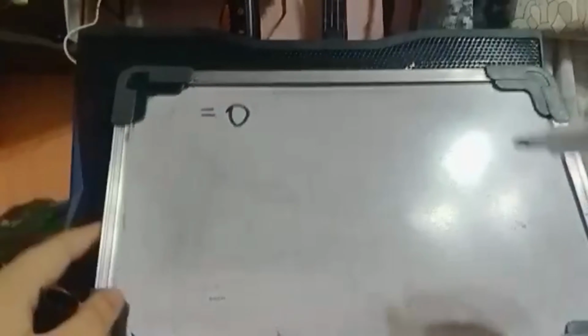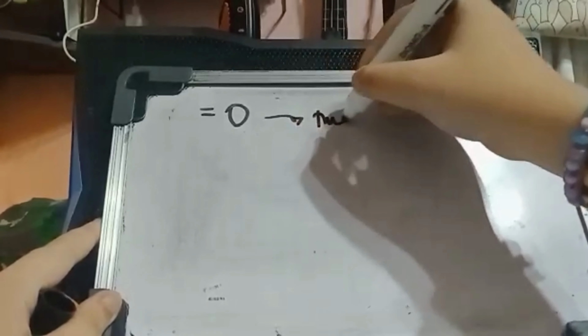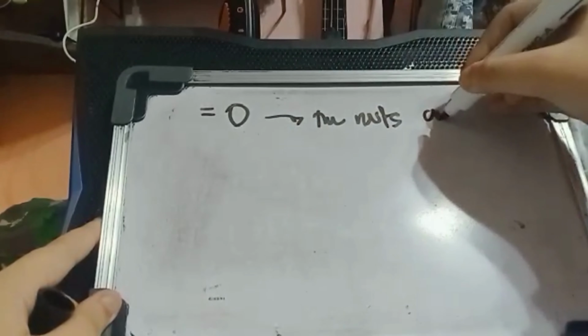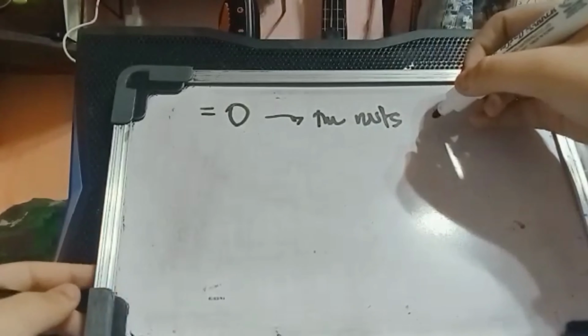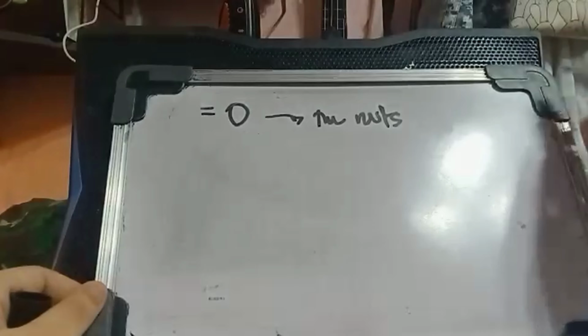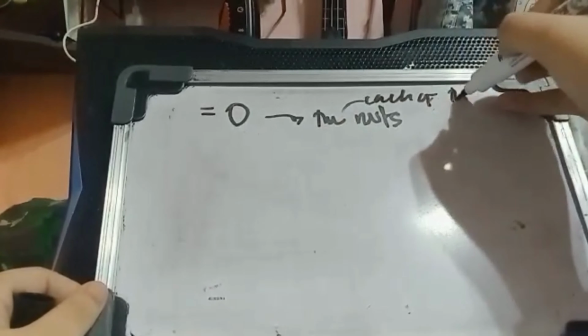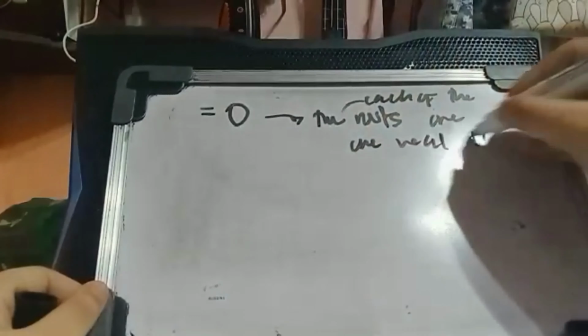Magiging 0 siya. So, paano natin i-describe yung root? The roots, or each of the roots, are one real number.